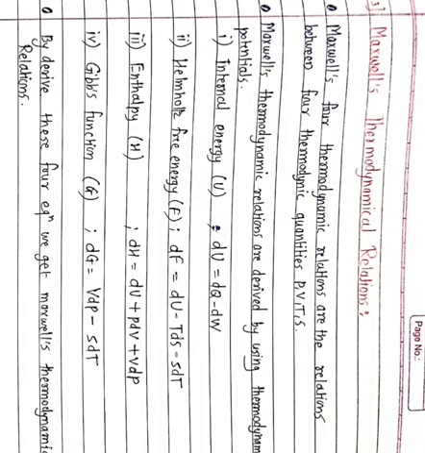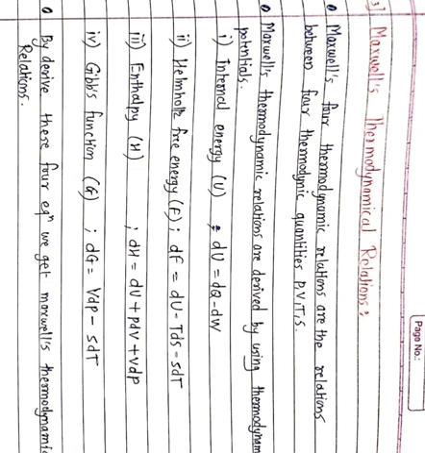Now, the next point is Maxwell's thermodynamic relations. Maxwell's four thermodynamic relations are relations between four thermodynamic quantities: pressure, volume, temperature and entropy. They are derived by using the thermodynamic potentials. We studied in the previous point internal energy, Helmholtz free energy, enthalpy and Gibbs function.